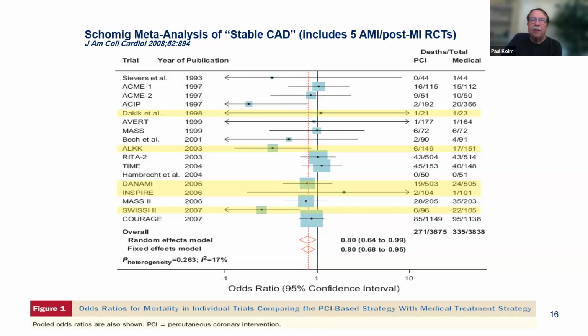With a random effects model, you typically get a wider confidence interval, which can sometimes lead to different conclusions. In this case, because the odds ratio does not include 1, they conclude that PCI is the better treatment.